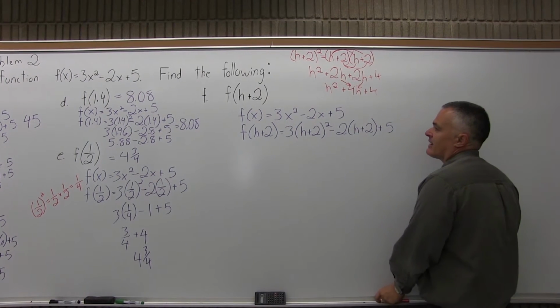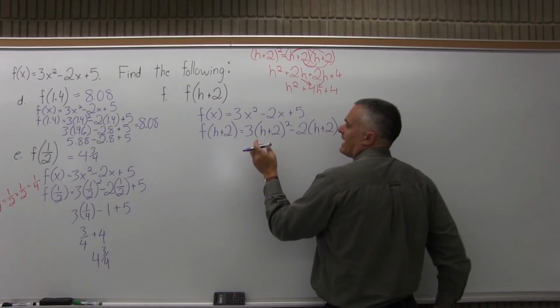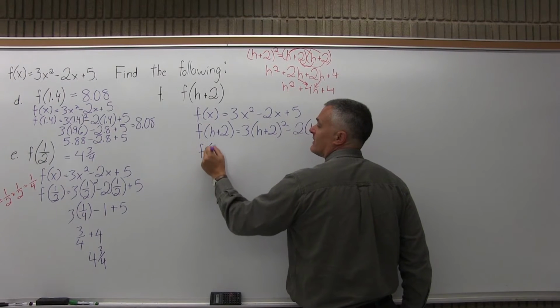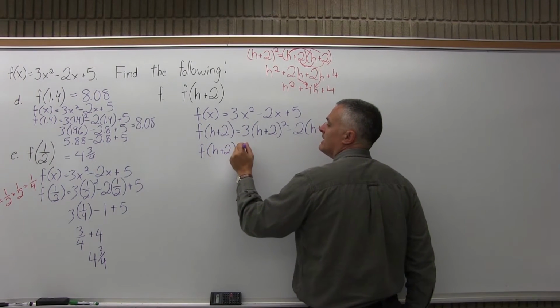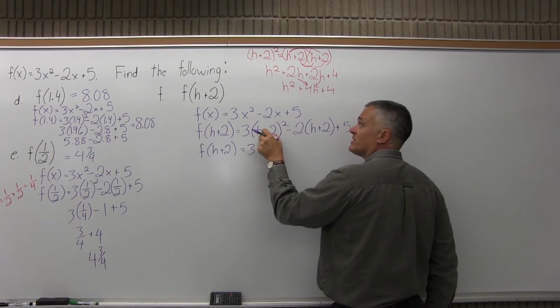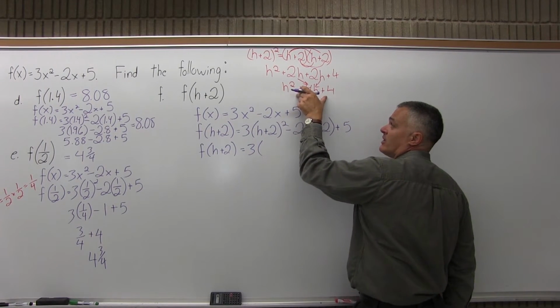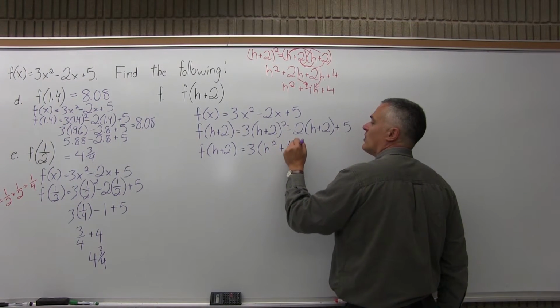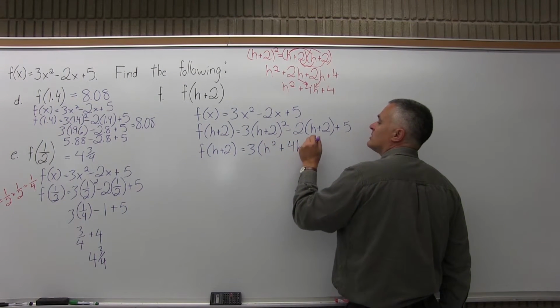So let me come back down to the problem I had here. 3 times h plus 2 squared. So now I'm going to have f of h plus 2 equals 3 times the result of the h plus 2 in parentheses to the second power I'd written up above, which is h to the second power plus 4h plus 4.